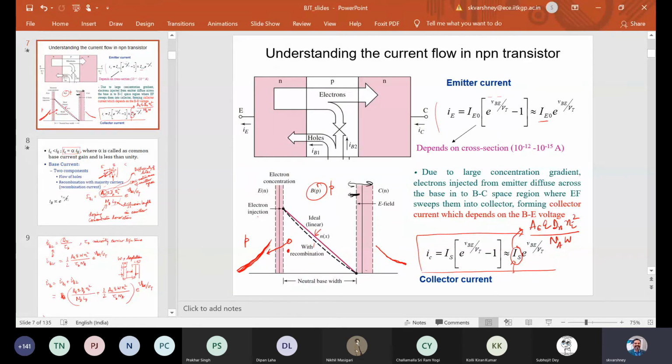So effectively the neutral base width is decreasing as we increase the voltage at this point. What does it mean? The concentration gradient of minority carriers, since it is an NPN type, would change, right? So that is why you see the finite slope in the characteristics.